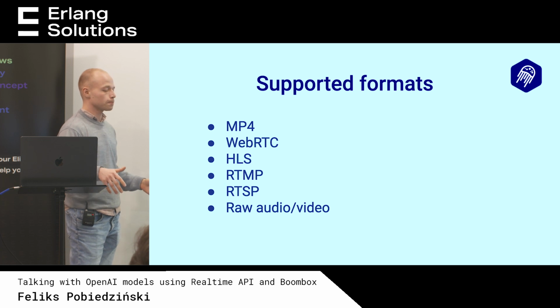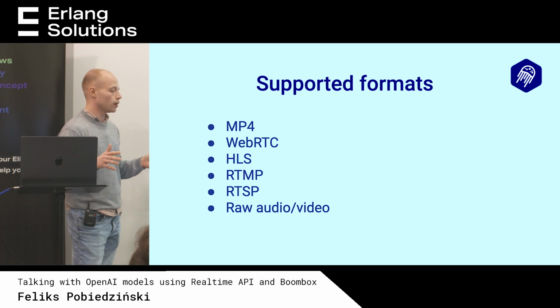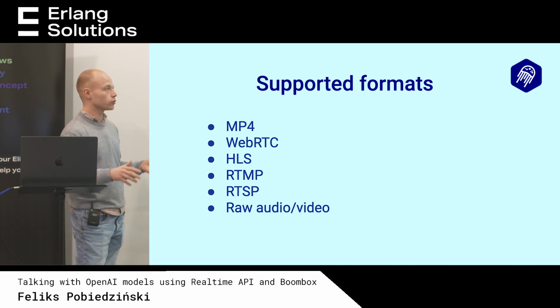So you can perform image recognition or AI style transfer or whatever you want on the media stream that comes out from Boombox. You can also generate a stream in your Elixir code and pass it to Boombox, and for example, stream it somewhere via WebRTC.